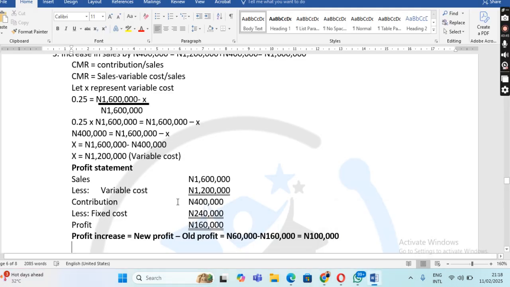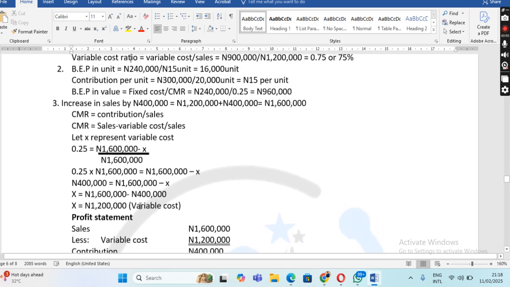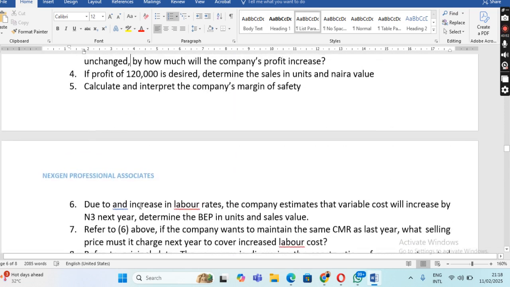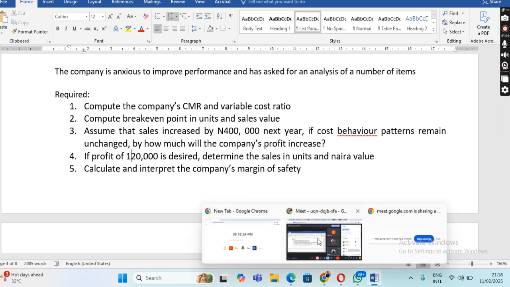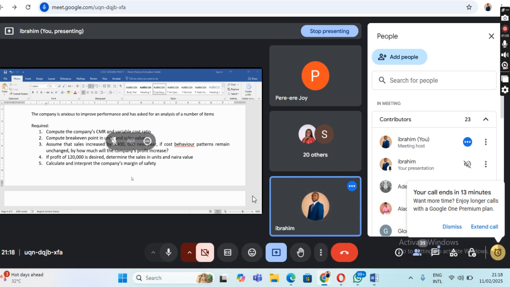Let's move on. So now, if this is established, requirement 4 says that if a profit of 120,000 is desired, determine the sales. You can see the way I solve that question, class.